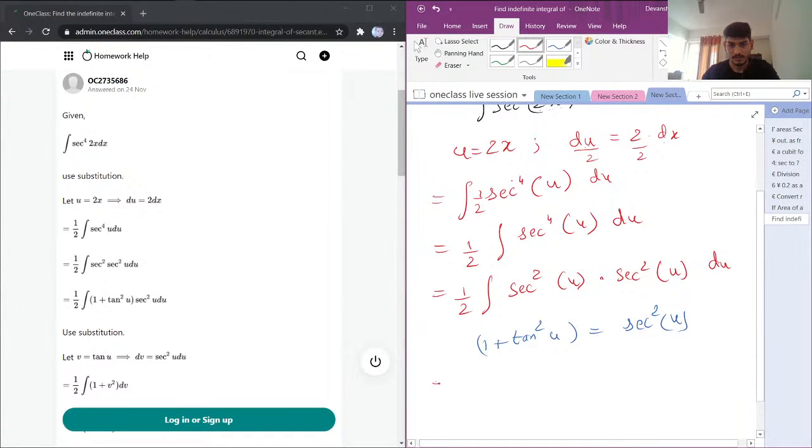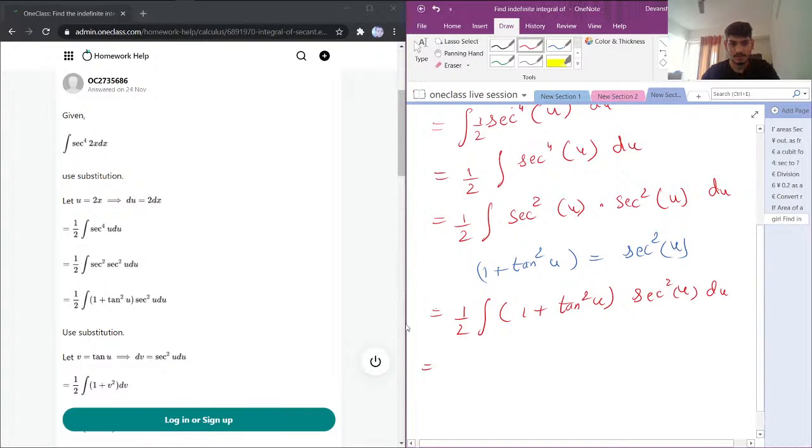So 1 by 2 integral of 1 plus tangent square of u times secant square of u du.